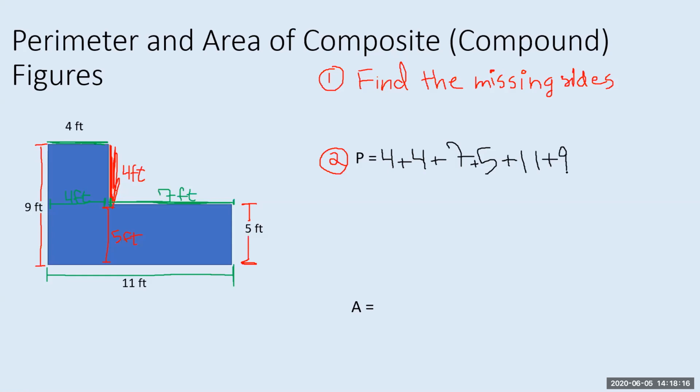And when you add all those up, you get a total of, double check here, 4 plus 4 plus 7 plus 5 plus 11 plus 9 is 40. So a total of 40 feet for the perimeter.